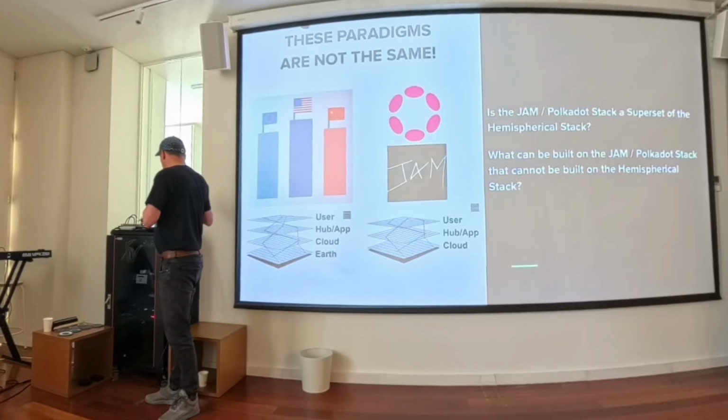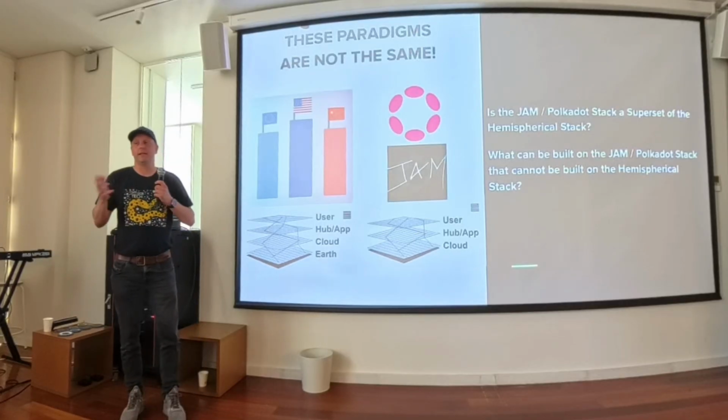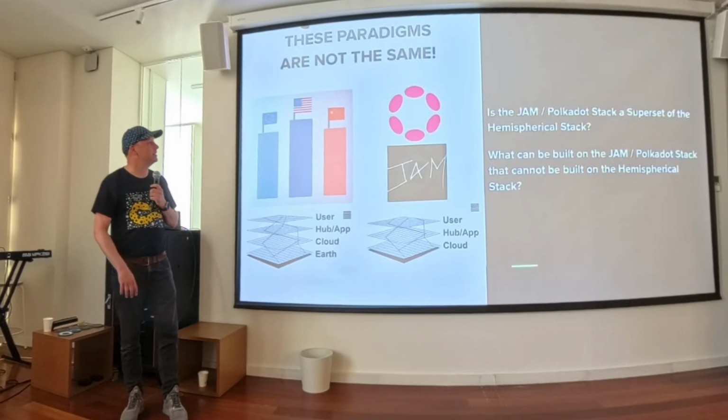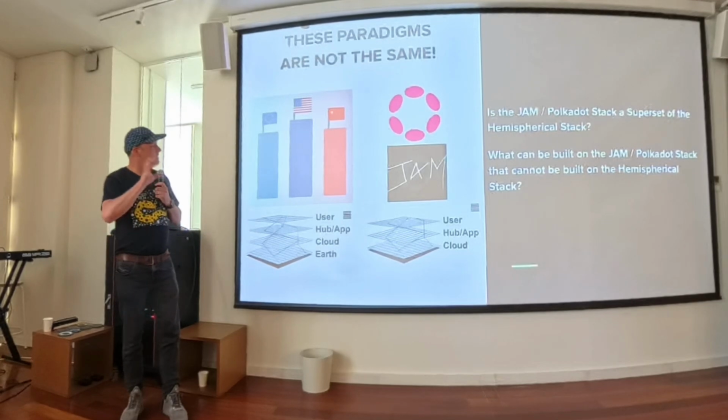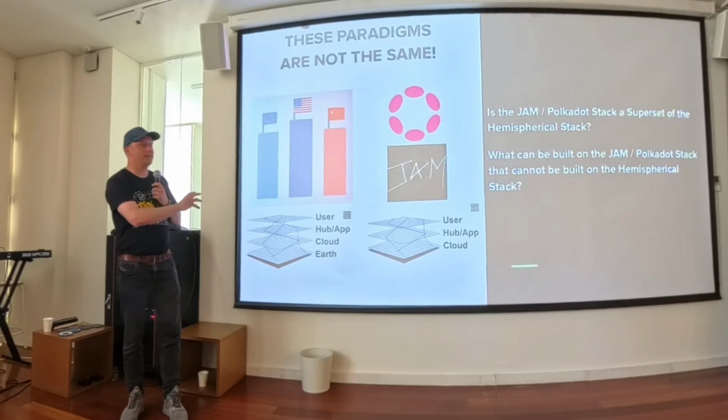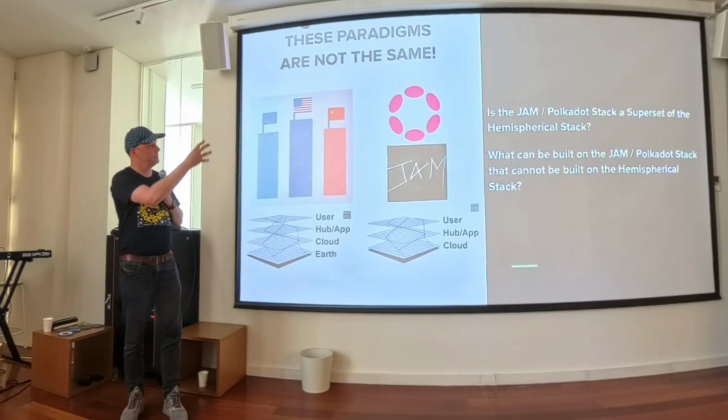What I want to have a discussion about, and not necessarily now, but in the time following this meetup, is what makes JAM and Polkadot different from these hemispherical stacks, and perhaps is it a superset of a hemispherical stack?